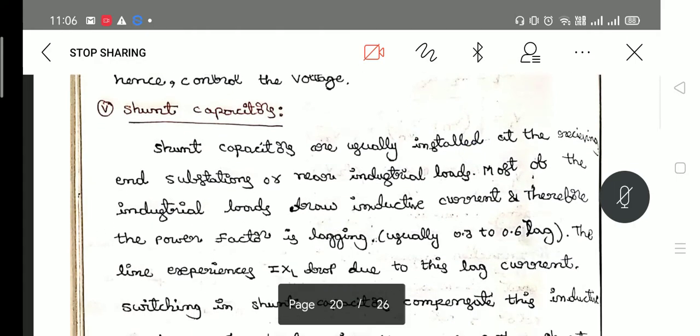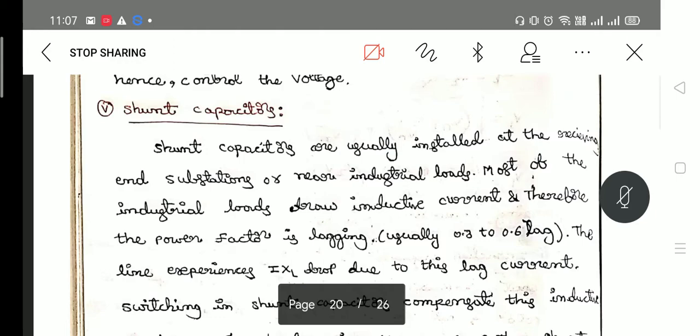Next one is shunt capacitors. Shunt capacitors are also used in receiving end substations or industrial loads. Most of the industrial loads draw high inductive current, so the power factor will be lagging, up to 0.3 to 0.6 lagging in industrials.